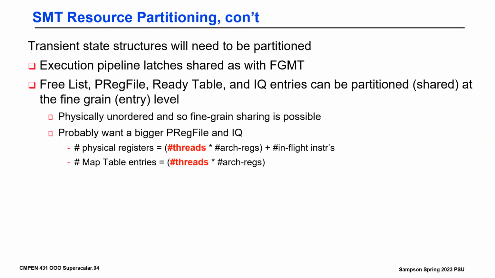Now, if you look at how you want to size some of these structures, in practice, when we move to an SMT model, there's an expectation that you will get more mileage out of being able to populate a larger issue queue, right? That there might be more exploitable parallelism within the window that's worthwhile to build.